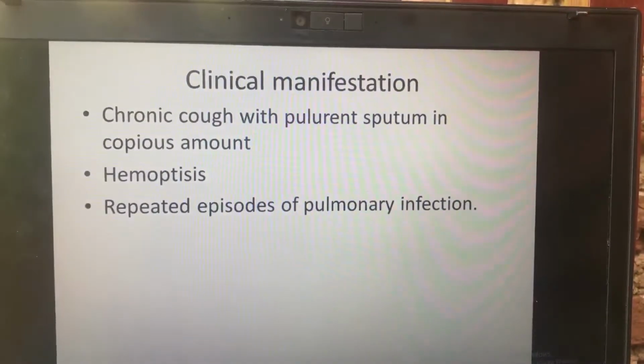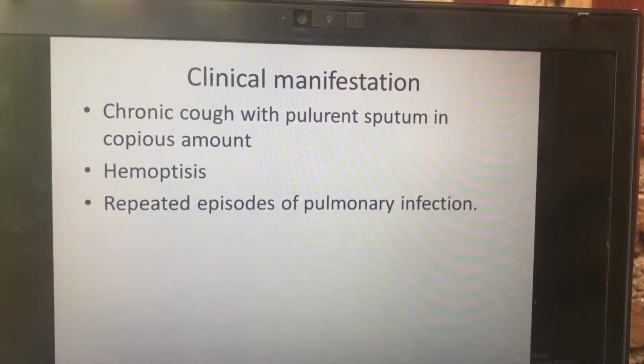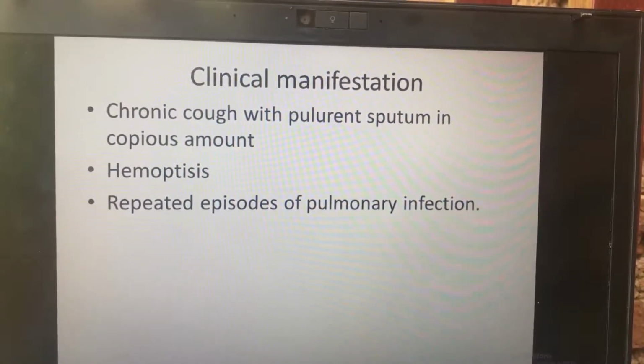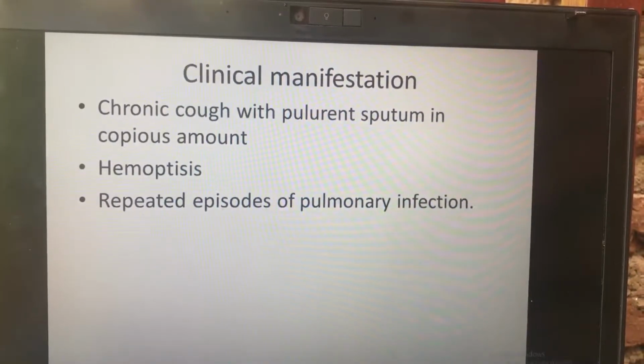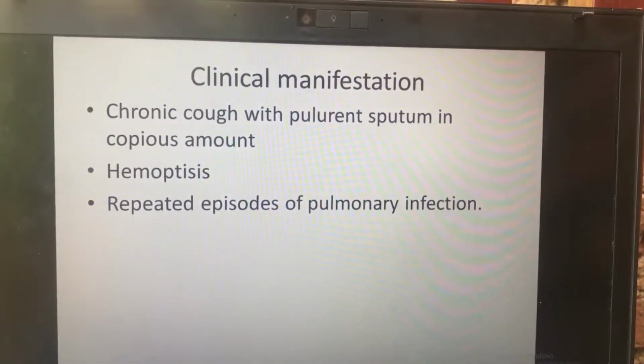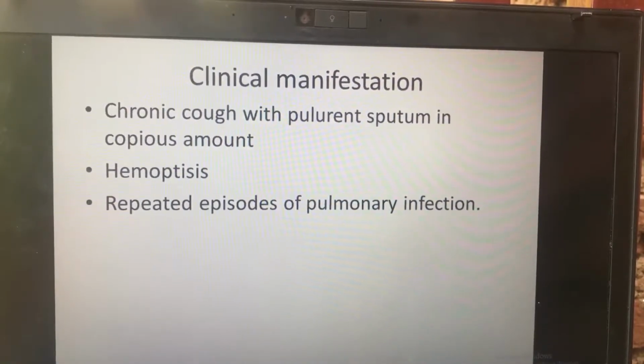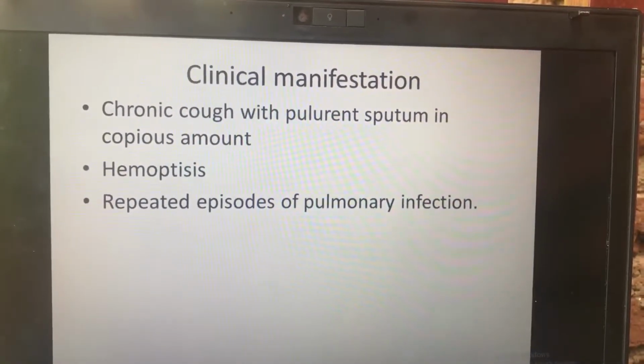What are the clinical manifestations? We have a chronic cough with purulent sputum in a copious amount. We can also have hemoptysis, and repeated episodes of pulmonary infections.